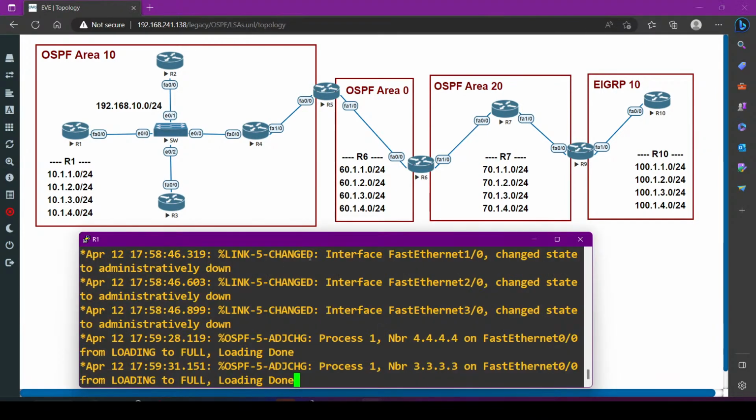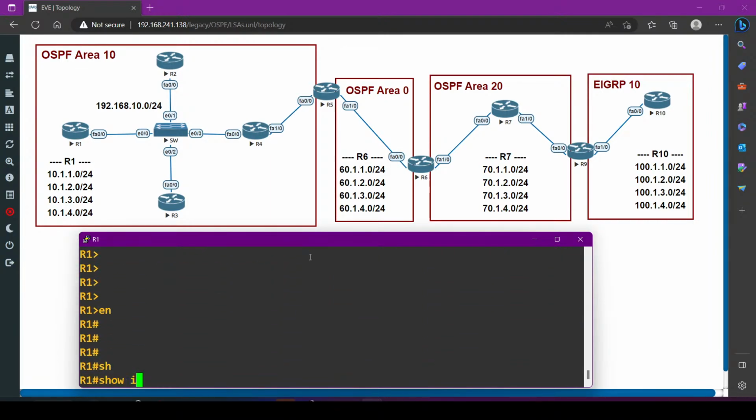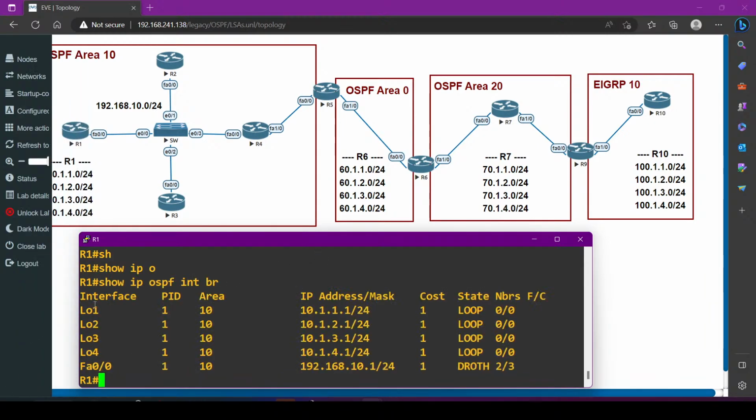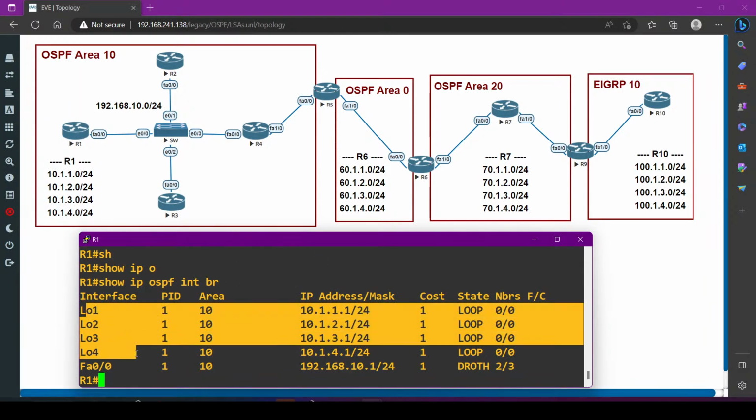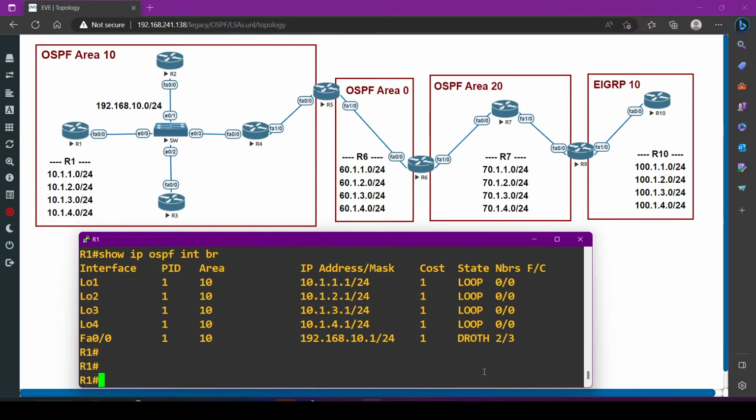On router number 1, if you verify with show ip ospf interface brief, I am running OSPF on loopback 1 to loopback 4 and F0/0, and this interface is DR other. Yes or no? Yes.